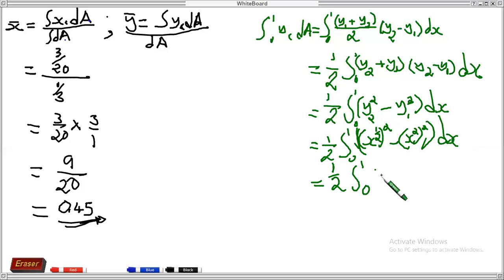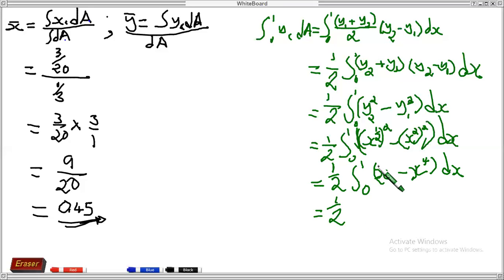This will become x minus x to the power 4, dx. Then you just integrate it the normal way.